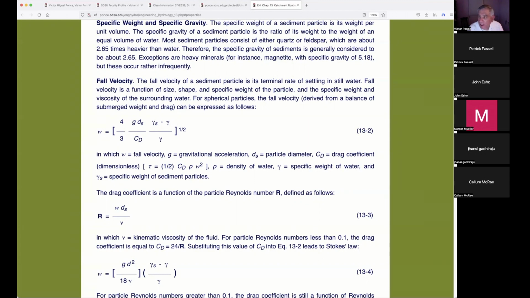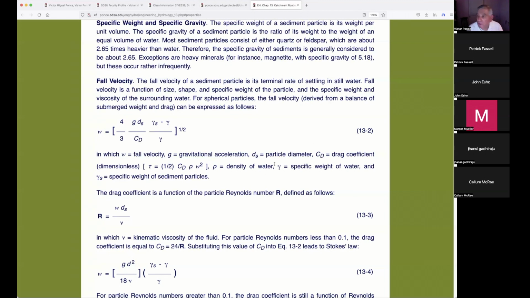And for the submerged weight, we assume this to be a sphere, so we can figure out the volume of the sphere and the gravitational force and so forth. And the drag comes from the surface of the sphere, and we know the area of the surface, so we can do this calculation. C sub D is the drag coefficient.